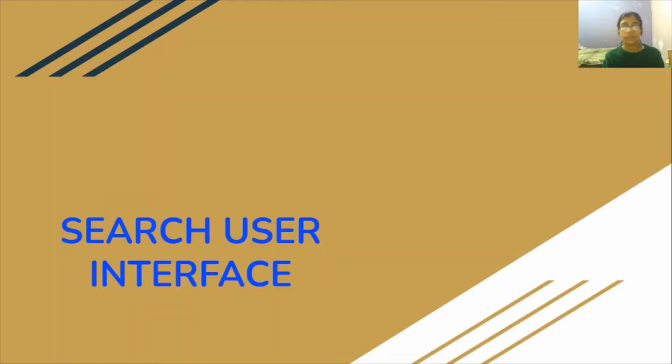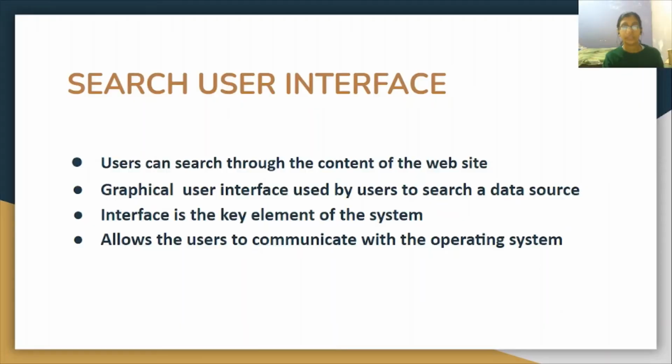So, search user interface is basically the interaction between the user and the computer system or operating system. Users can search through the content of a website by asking queries. Users can communicate with computer systems directly through graphical user components.